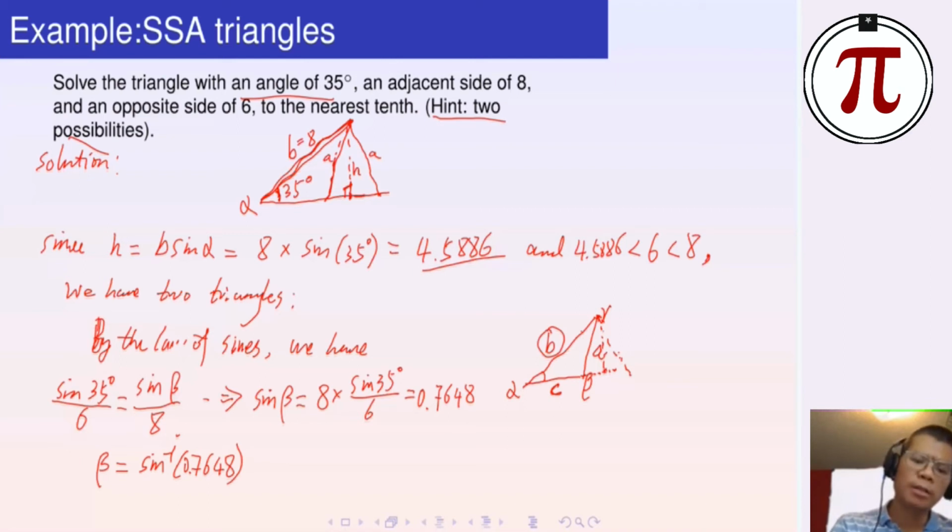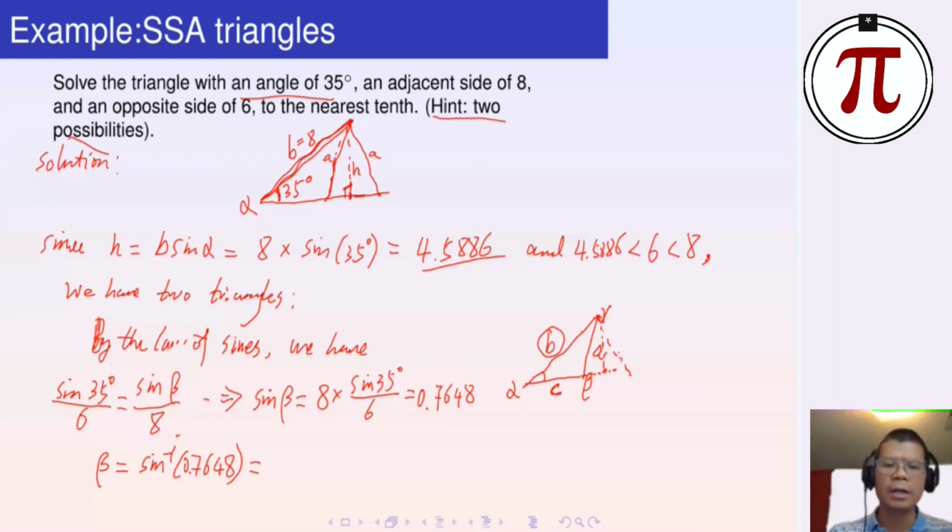So let's find this degree, rounded to 1 decimal place. What do we have? Sine inverse of 0.7648. What did you get? 0.8707, but this is in radians.